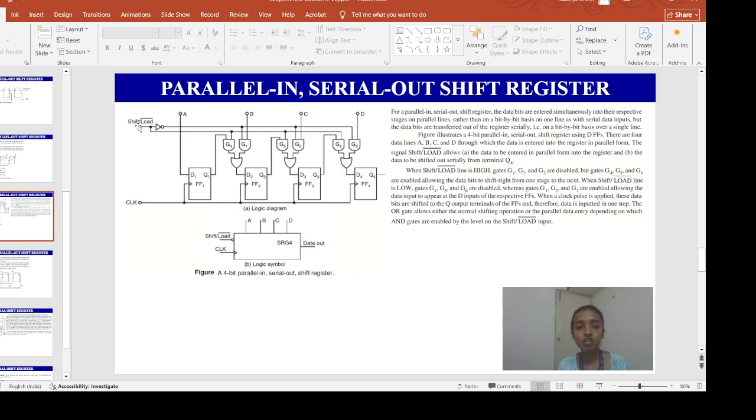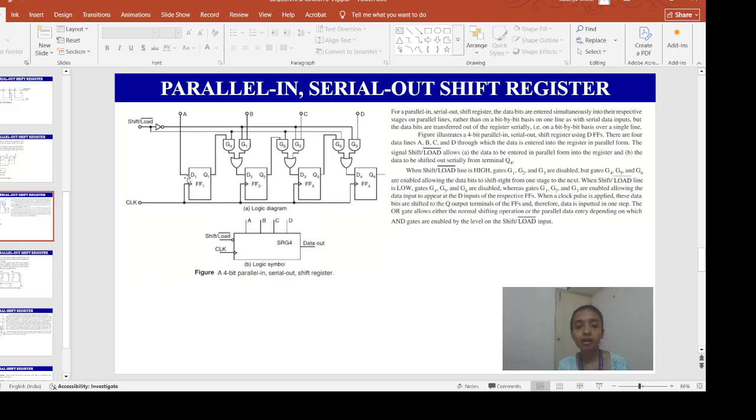When this shift or load signal is low, what will happen? The gates G4, G5 and G6 will be disabled, whereas gates G1, G2 and G3 will be enabled. So it will allow the data input to appear at the D inputs of the respective flip-flops.